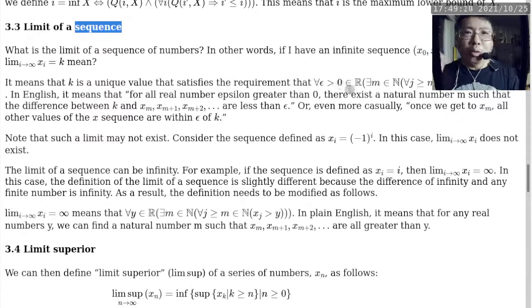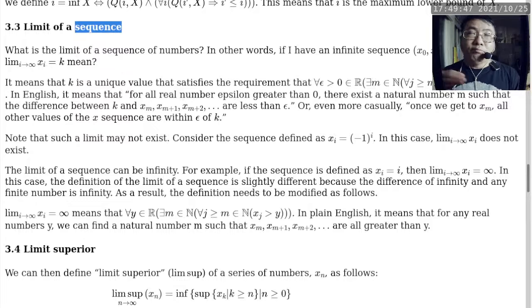And then I will say I can find a particular index, let's say 2000. So that if you go beyond x_2000, or at least x_2000, then k minus whatever x_j is, j is at least 2000, so it can be 2001, 2002, 2003, 6,000, 10,000, 20,000, 6 billion, whatever.